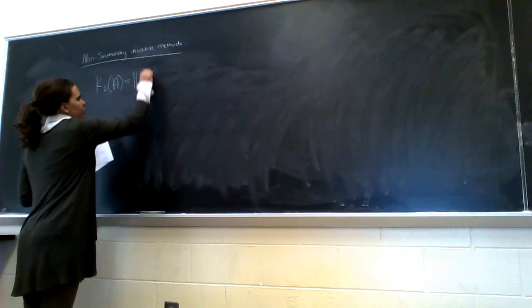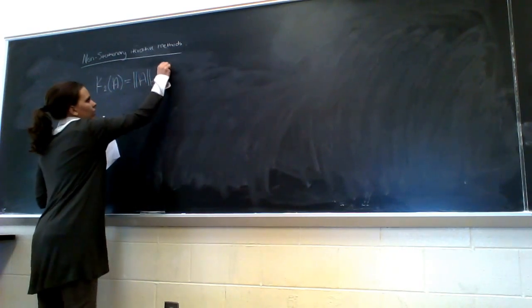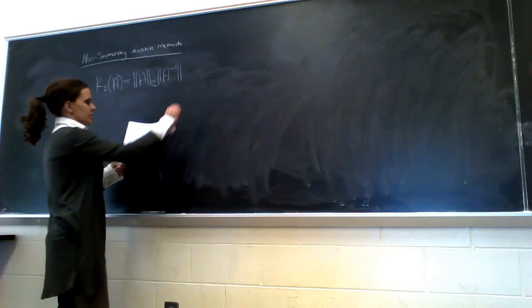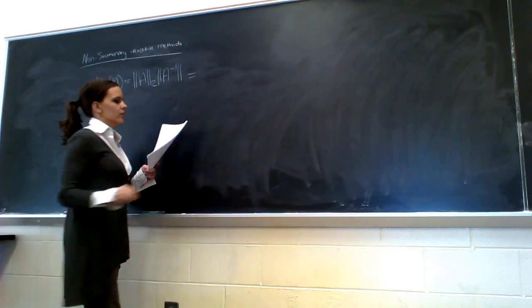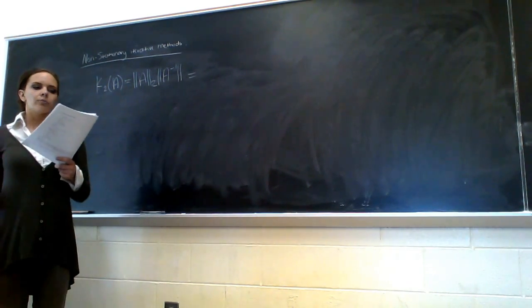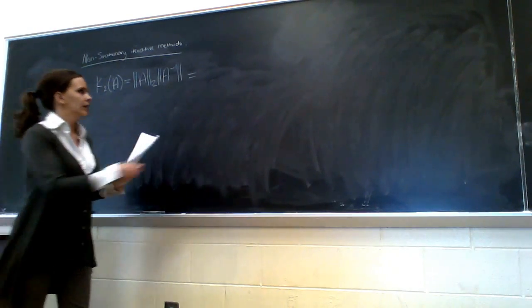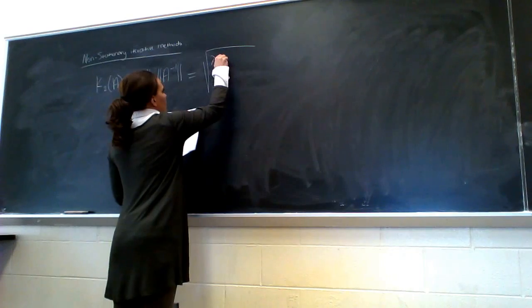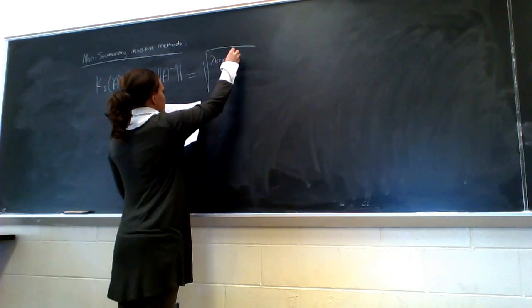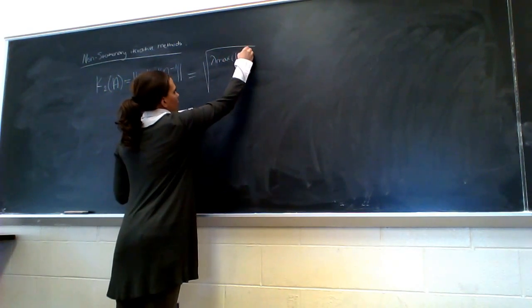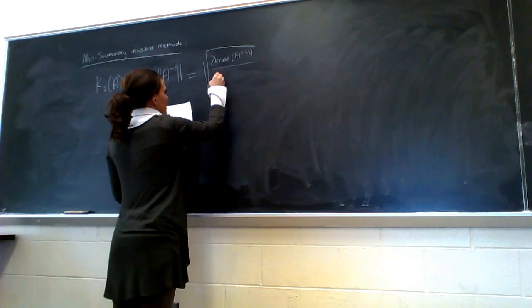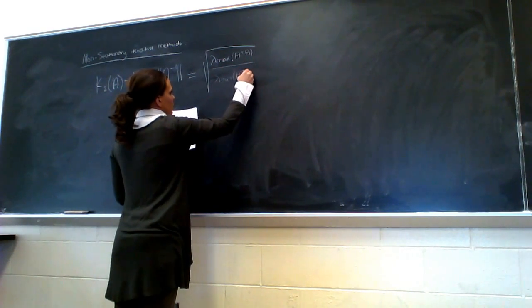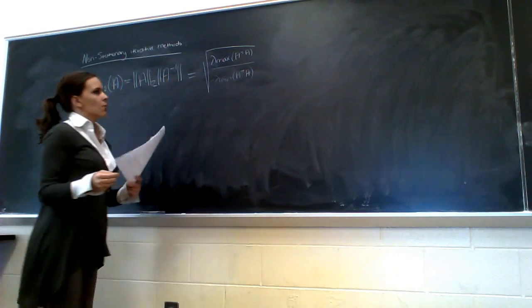So if I have the 2 norm of A, and the 2 norm of A inverse, then by the definition of the 2 norm of a matrix, what I would end up with is the square root of the largest eigenvalue of A transpose A over the smallest eigenvalue of A transpose A.